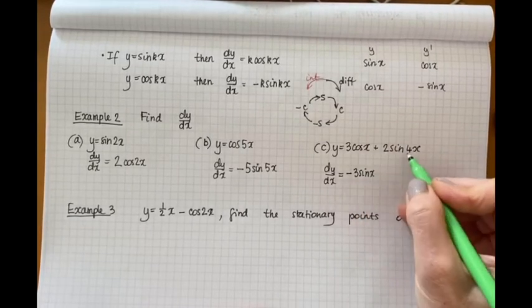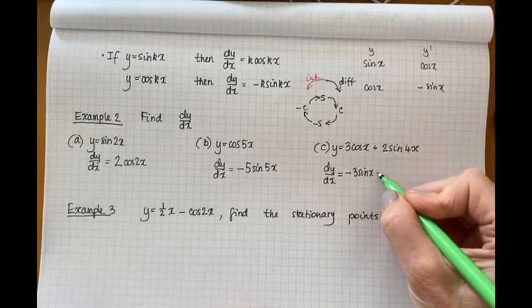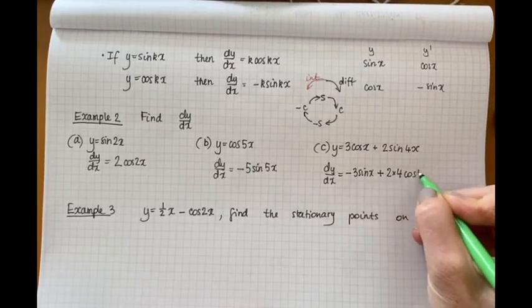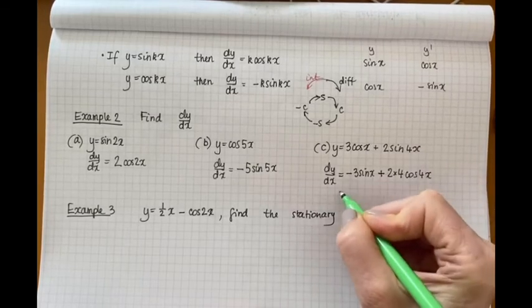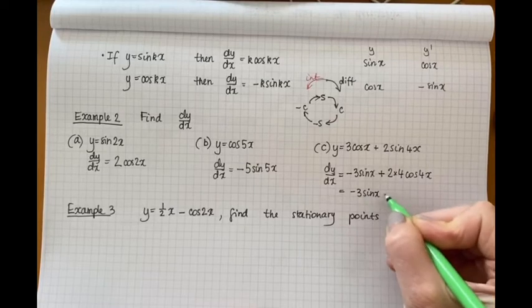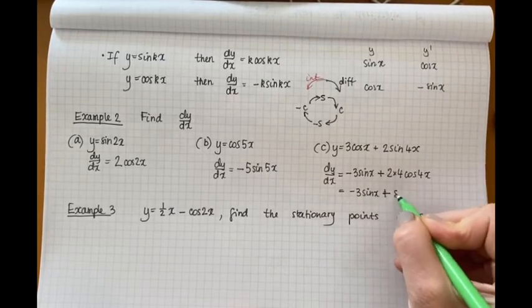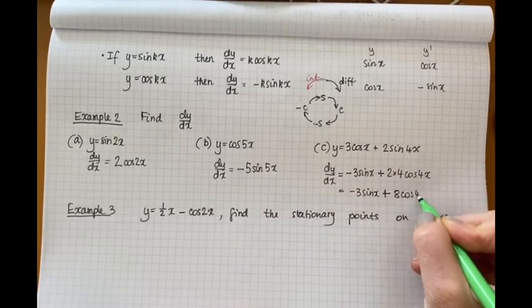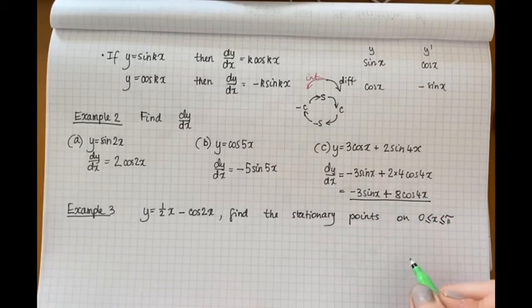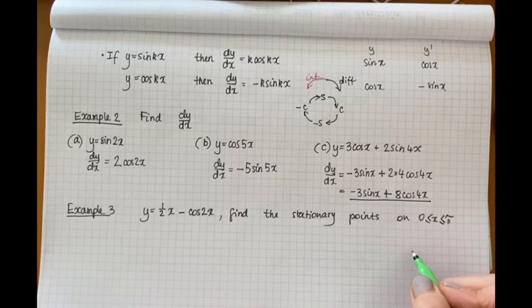And then you've got 2 lots of 4, so it's plus 2 times 4 cos 4x. So let's just tidy up the second term, and you're going to get 8 cos 4x. So minus 3 sine x plus 8 cos 4x.